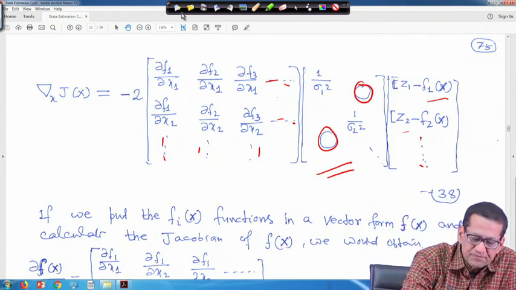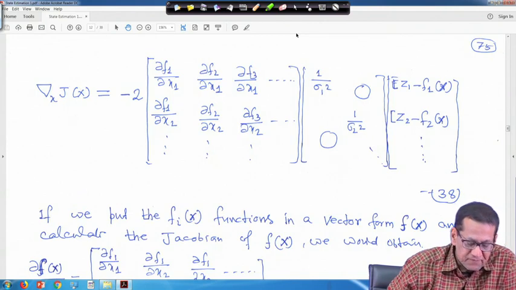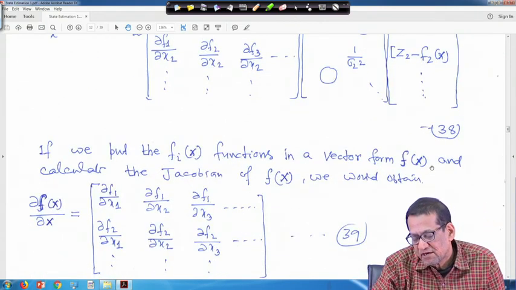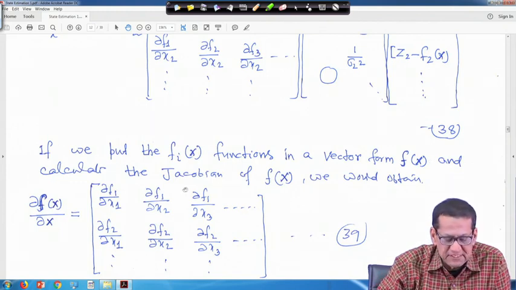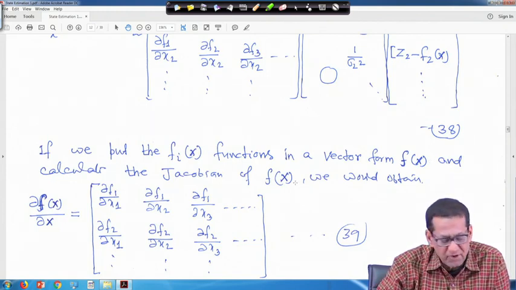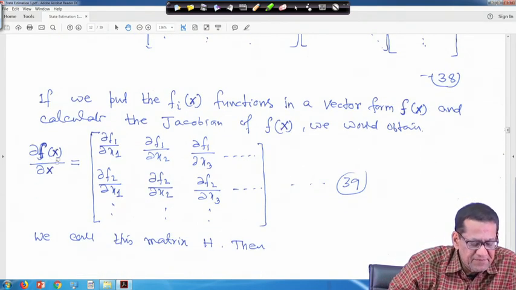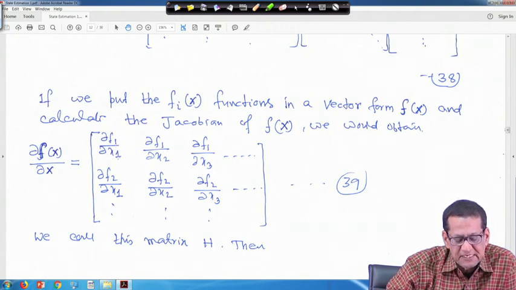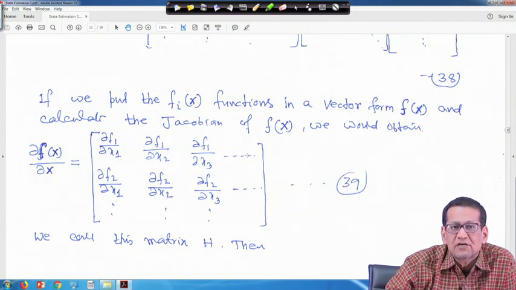Now, if we put the f i of x functions in a vector form f of x and calculate the Jacobian of f of x, we would obtain, writing the partial of f upon x in general, the partial of f 1 upon x 1, f 1 upon x 2, f 1 upon x 3 and so on.